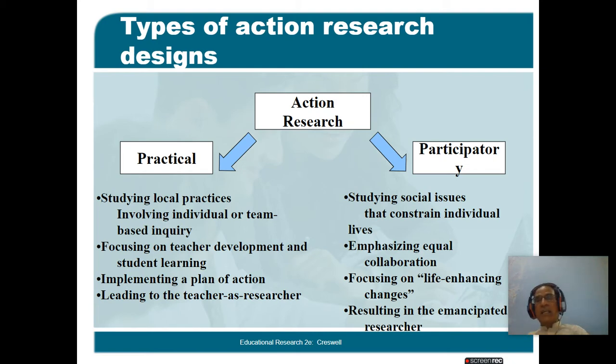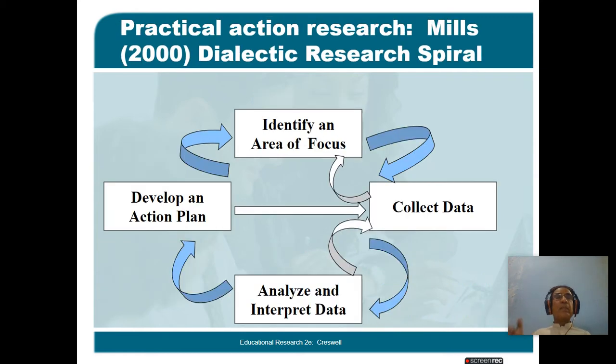On the other hand, in participatory action research, we study a social issue that constrains individual life, that emphasizes equal collaboration, and we also focus on lifelong enhancing as an action researcher. So these are the two types of action research, practical and participatory.